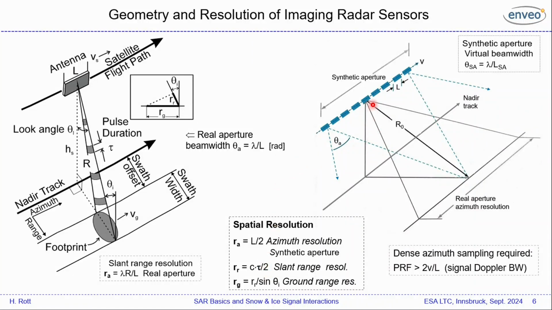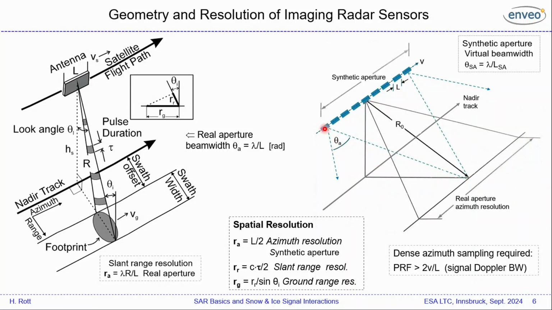Now this illustration shows the synthetic aperture, and here the virtual beam width is wavelength over the antenna length, and then we come up with this resolution along track or azimuth.